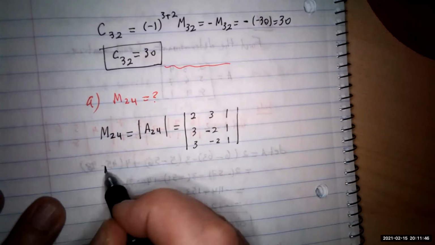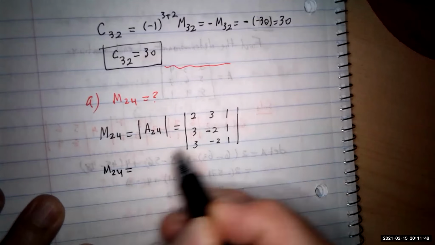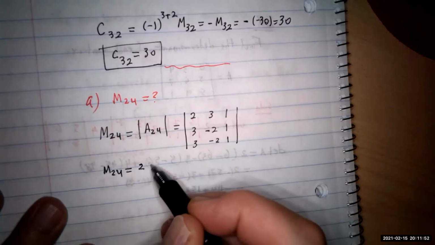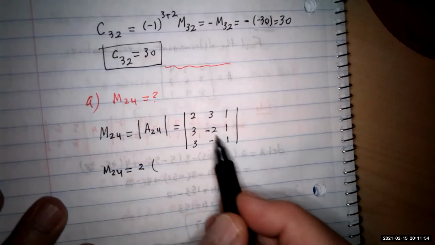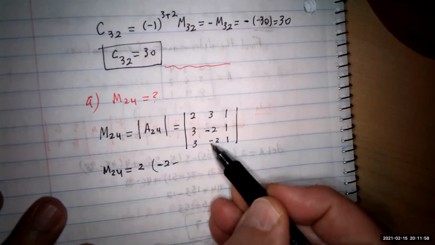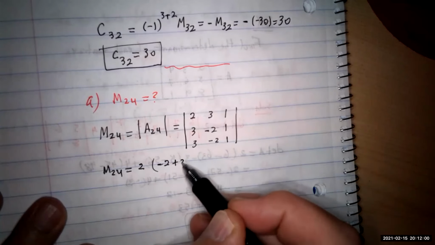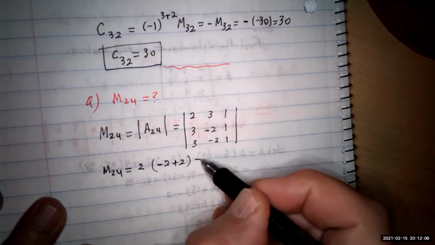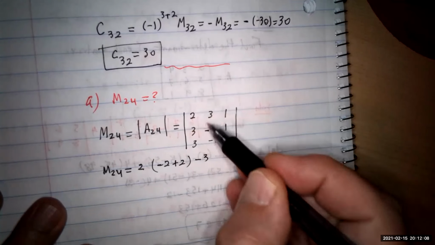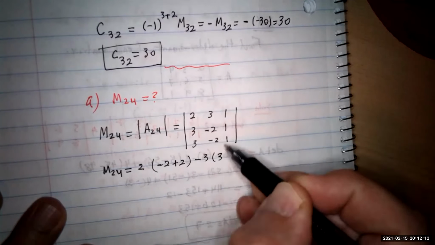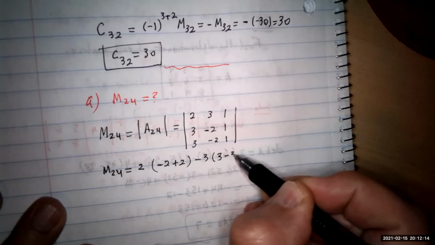So M24, expanding along the first row, is going to be 2 times negative 2, minus negative 2, so make it positive. This is going to be the result. Then it's a minus 3, delete the first row, second column. That gives me 3, so it's minus 3.